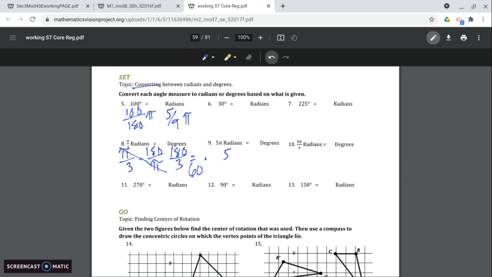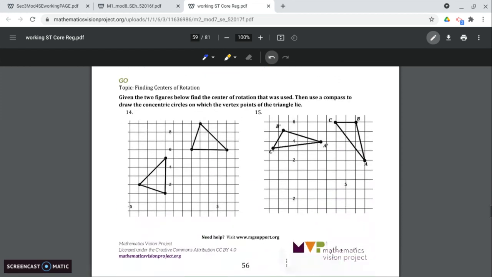In the case of 5 pi, we have 5 pi over 1 times 180 over pi. That cancels the pi's out. 5 times 180 is going to give us 900 degrees. So that's exactly what you're doing there. You're just converting between degrees and radians.